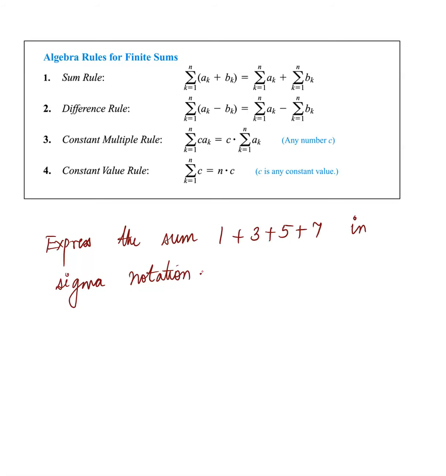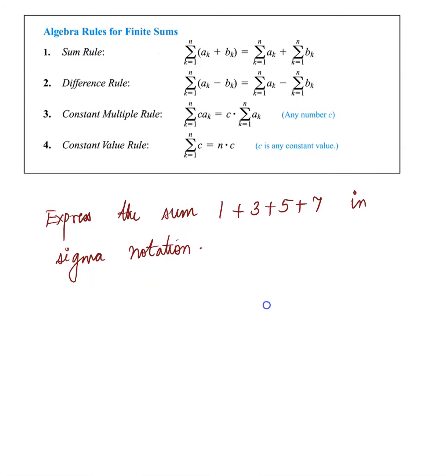Again, there are multiple answers that can be true for this. So you can think of summation k. I apologize, it was a plus 9 as well. Just put that in there. Plus 9.